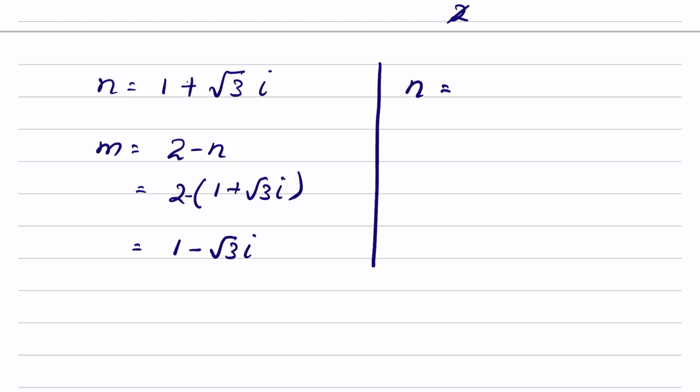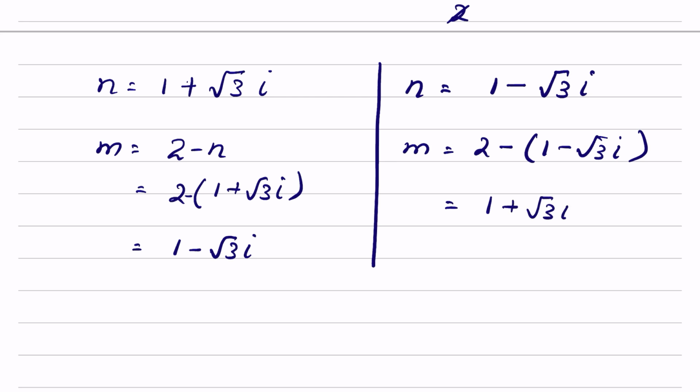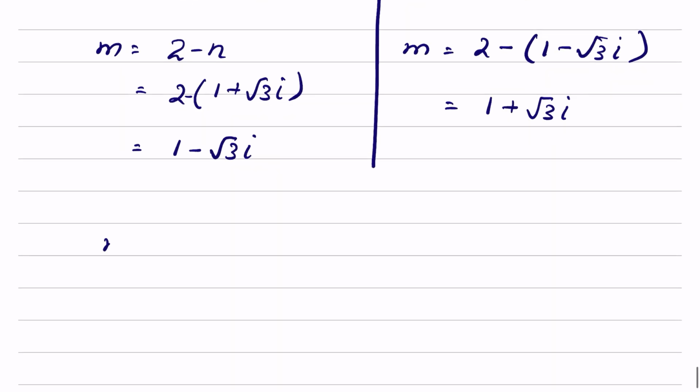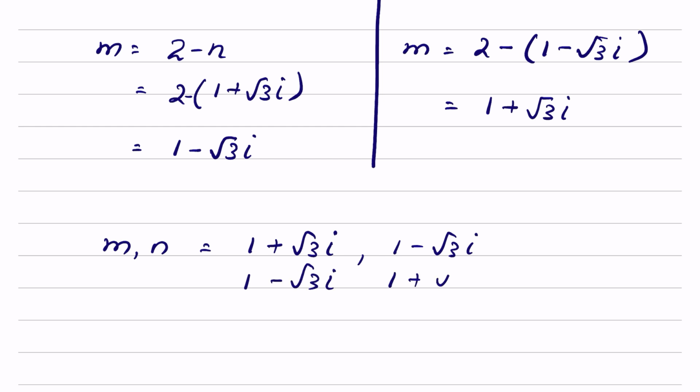When n is equal to 1 minus square root of 3i, then m is equal to 2 minus (1 minus square root of 3i), or it is equal to 1 plus square root of 3i. So the values of m and n are: when m is 1 plus square root of 3i, n is 1 minus square root of 3i, and when m is 1 minus square root of 3i, n is 1 plus square root of 3i.